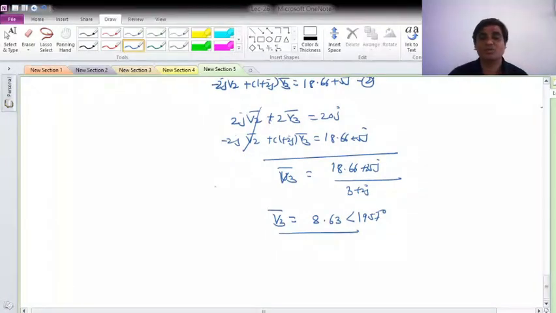So what I want to say is that all the rules which you have applied for the solution of DC circuits can be applied for AC circuits also. There is absolutely no difference.